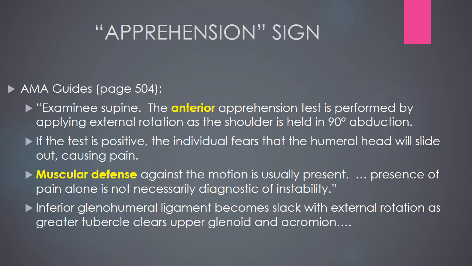So it's the muscular defense against the motion that constitutes the true positive objective finding that confirms the diagnosis of anterior instability. Simply, the presence of pain alone is not necessarily a true objective finding for anterior instability. And so you want to pay particular attention to the reaction of the examinee. It's the muscular defense that constitutes the true positive objective finding for this maneuver.